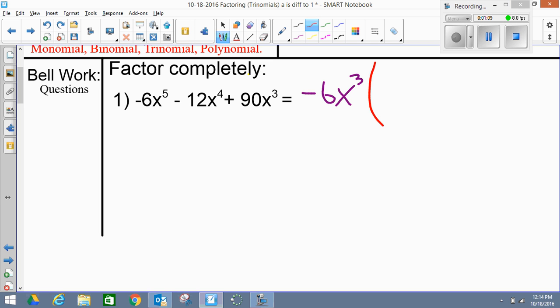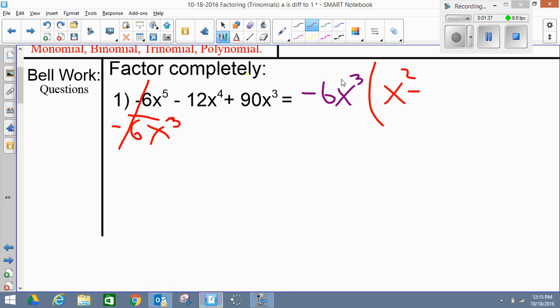Open parentheses and start dividing every term by -6x cubed. So -6x to the fifth divided by -6x cubed, the -6 and -6 cancel. x to the fifth divided by x cubed, subtract the exponents, 5 minus 3 is 2.